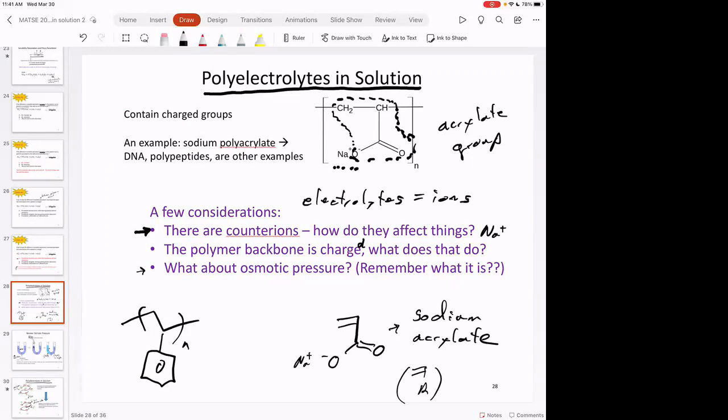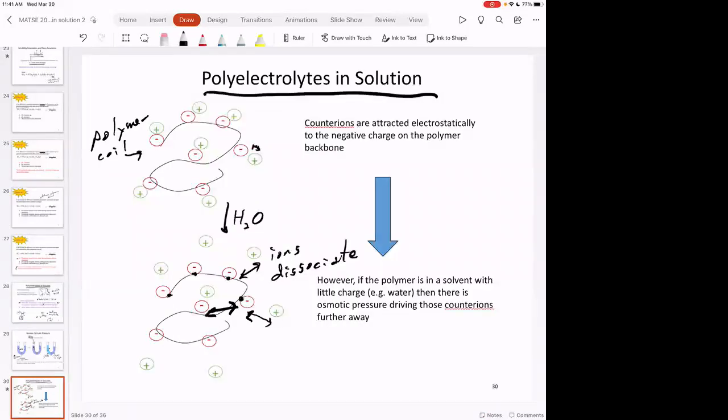And those charges are close enough together that you can get like charge repulsion. So you have ions dissociating, but you can have like charges repulse one another.